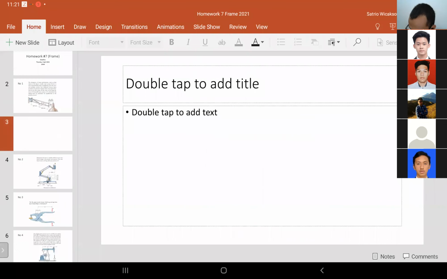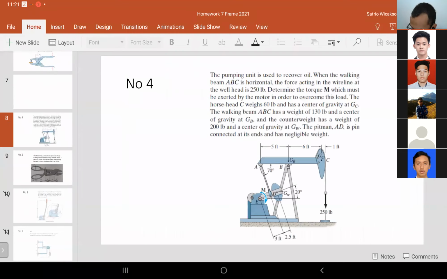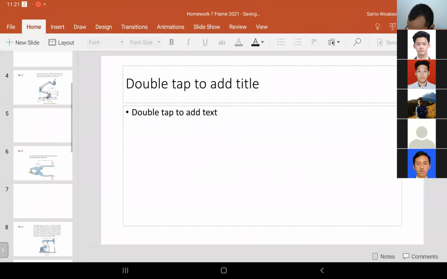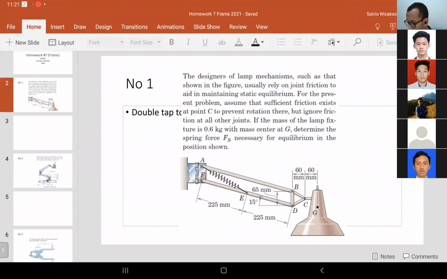So sir, is it okay if we use the method of cut? Yes, sir.